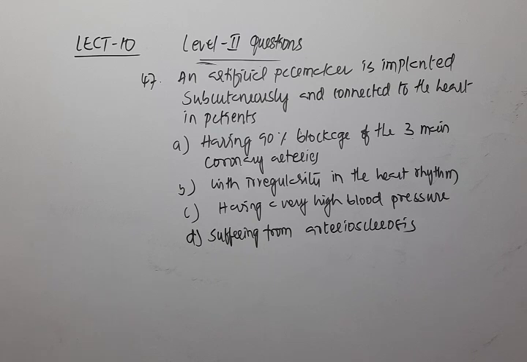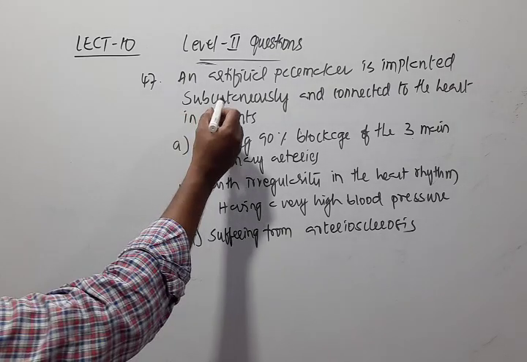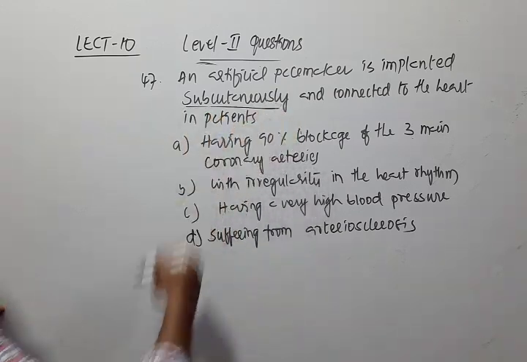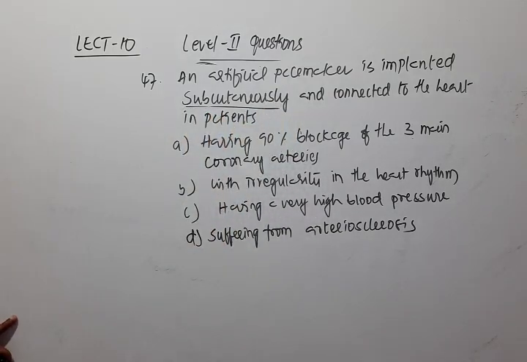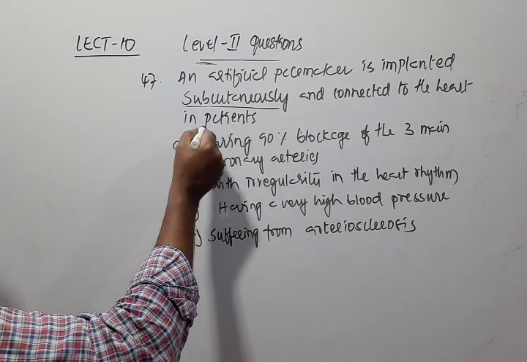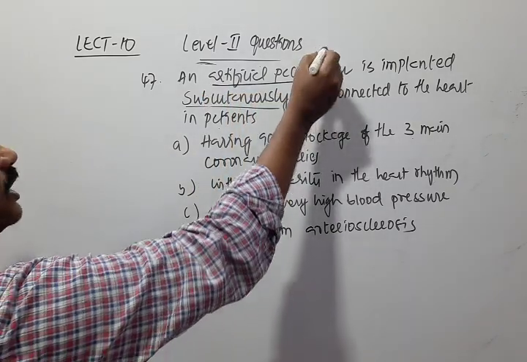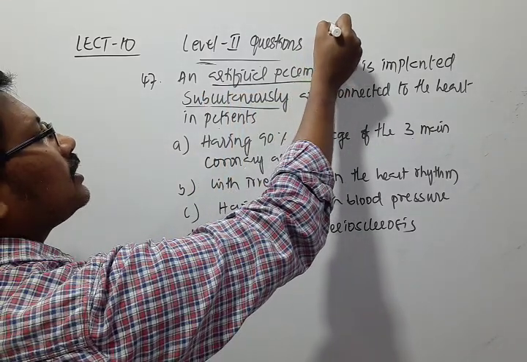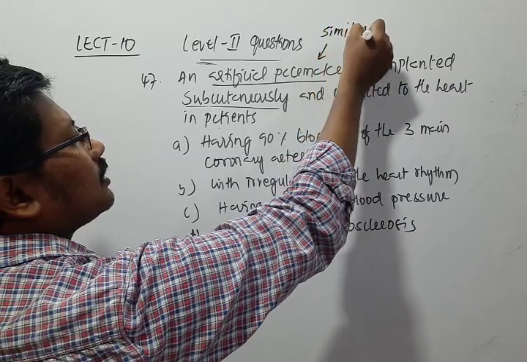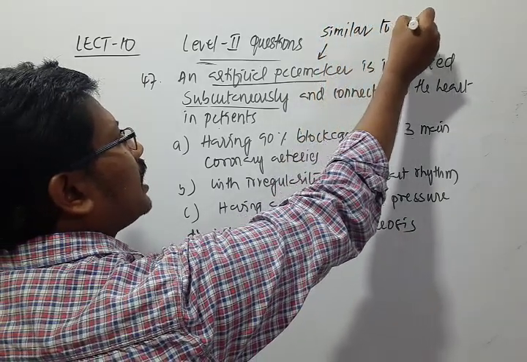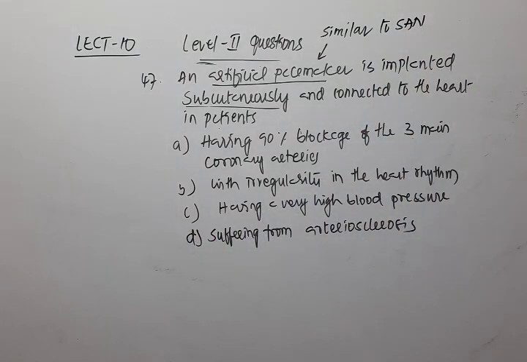It works just like the sino-auricular node, and it is placed under the skin, that is subcutaneously, and connected to the heart. In function it is similar to the sino-auricular node, so it produces action potentials at regular intervals.